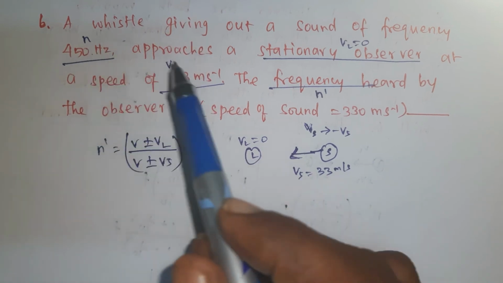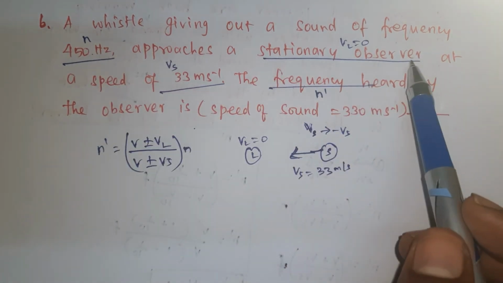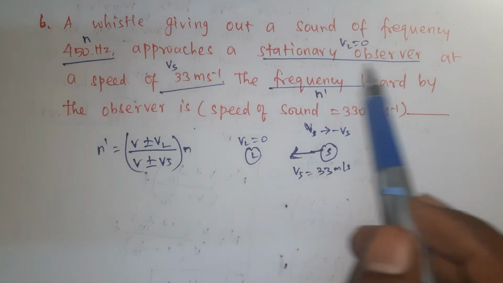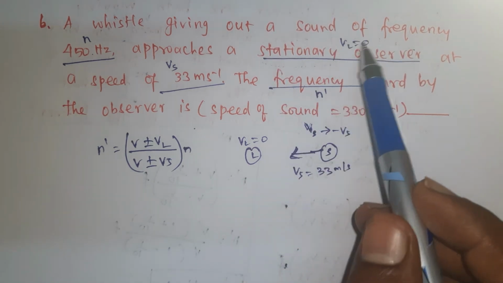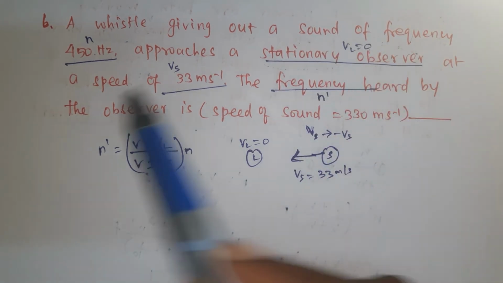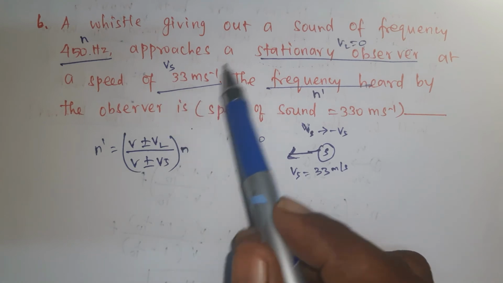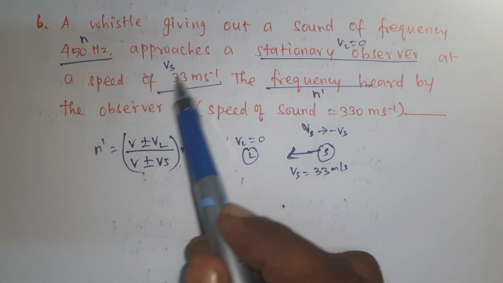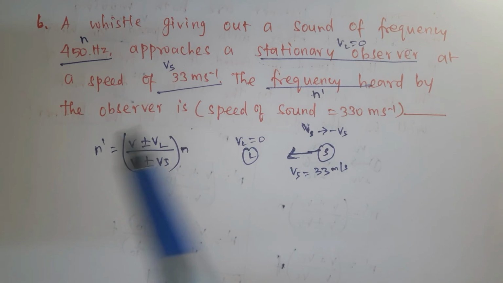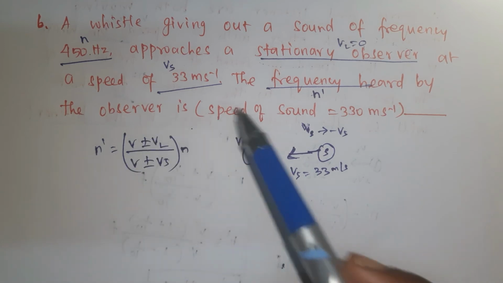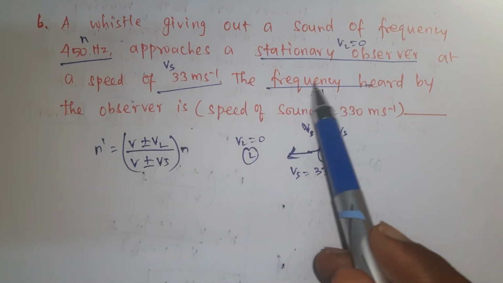Next question. A whistle giving out a sound of frequency 450 Hz, which is the frequency of the sound source, approaches a stationary observer or listener. Stationary means the speed of the observer is 0, at a speed of 33 m s^-1. So this is the speed of the source. The frequency heard by the observer, in the sense, the apparent frequency.